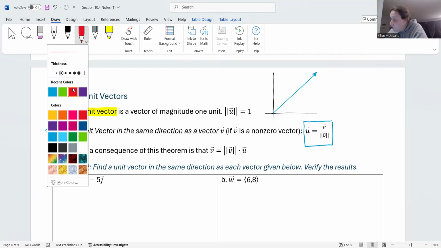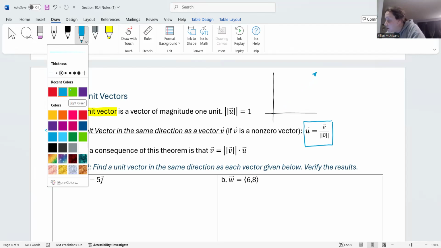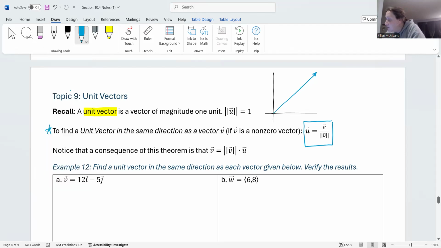So we're looking for a little unit vector in the same direction as v. We're envisioning a little vector that's placed directly on top of v, so it's in the same direction. We just need it to have a magnitude of 1. So we're looking for this.